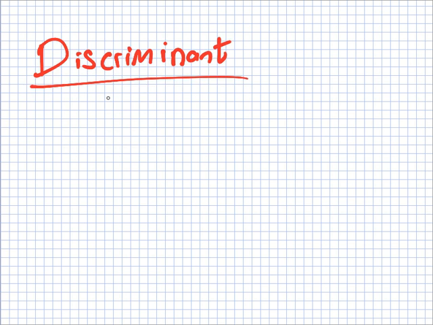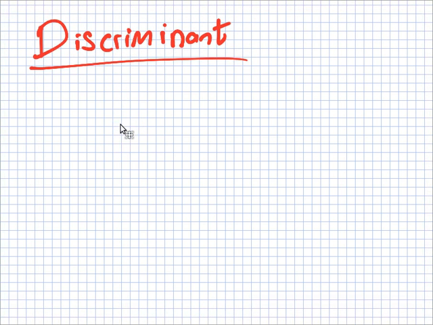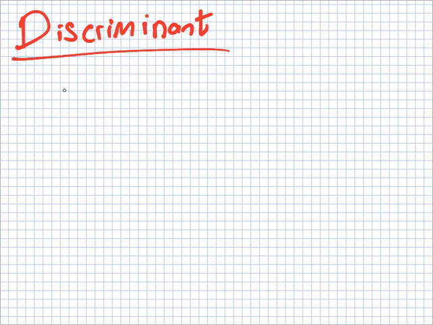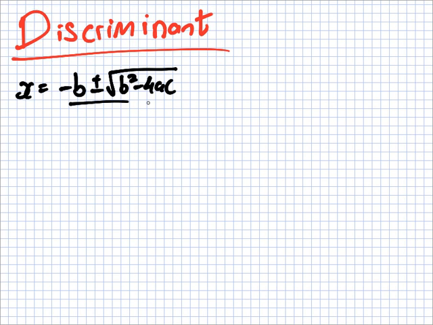Now, if we have a look at the quadratic formula, we have x equals minus b plus minus square root b squared minus 4ac all over 2a. The most important part in this equation is this piece here.